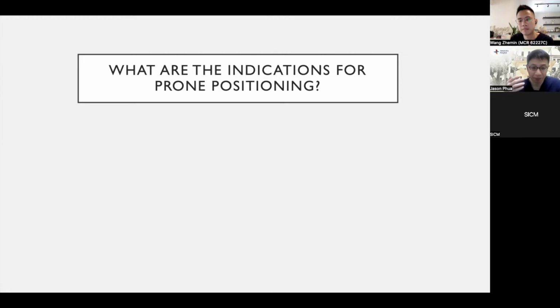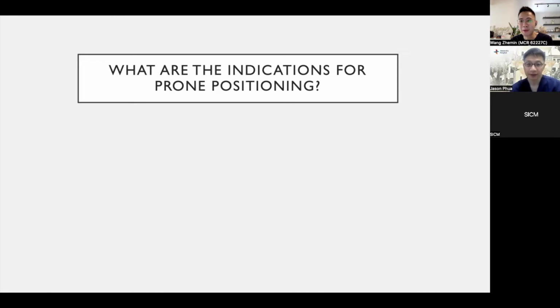And it possibly, not definitely, works better in patients who require some form of additional respiratory support beyond the usual venturi mask or non-venturi mask. So patients who are on high-flow nasal oxygen or CPAP or non-invasive ventilation. So these would be patients that I would consider for awake-prone positioning, especially if they have COVID and require additional respiratory support.